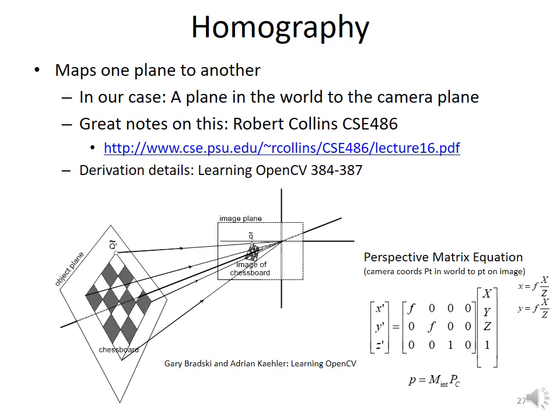Homography maps one plane to another. In computer vision applications, it maps a plane in the world to the camera plane. So this is the object plane in the 3D world, and this is the image plane.